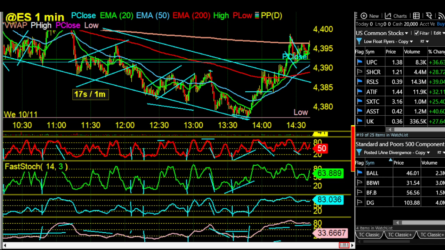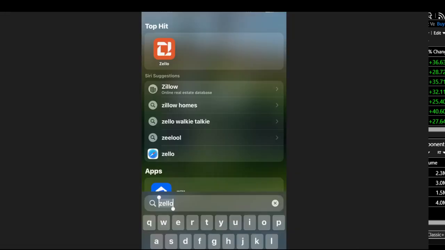All right, I'm going to show you the app that I'm using. It's called Zello, and you can download it on your Android phone or your regular phone.